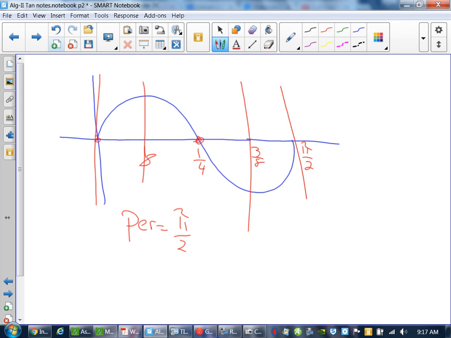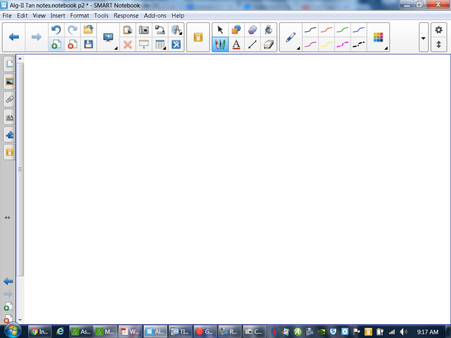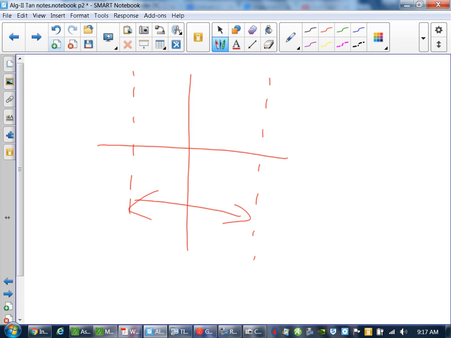Same thing with cosines. With tangents, when you do a tangent one, you always put those asymptotes in first, because that distance is always your period. So if this distance here is pi over 2, half of it is on one side, the other half is here. So this would be a pi over 4. This would be a negative pi over 4.